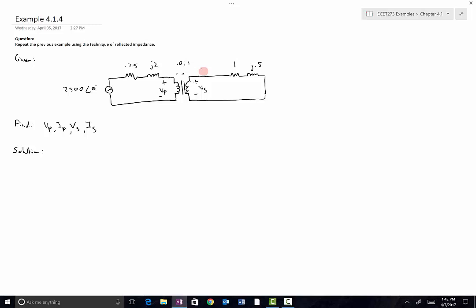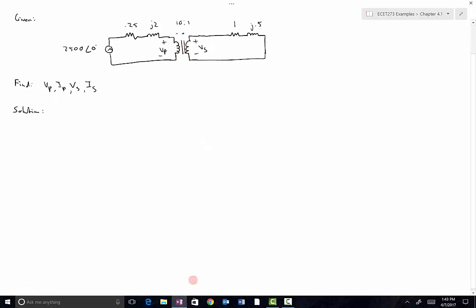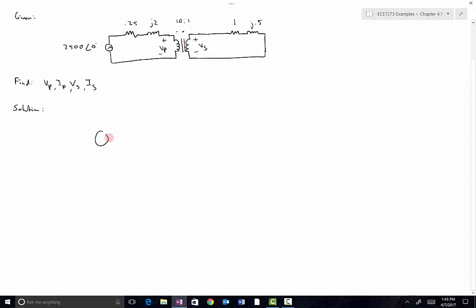To solve this problem using reflected impedance, we need to move these quantities over to the primary side through the transformer. In an equivalent model, it gets rid of this ideal transformer completely, and the circuit will just look like this.